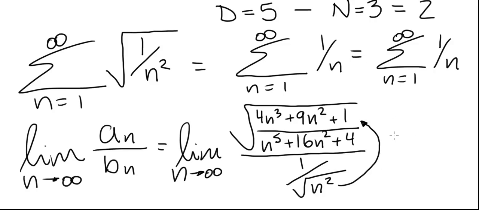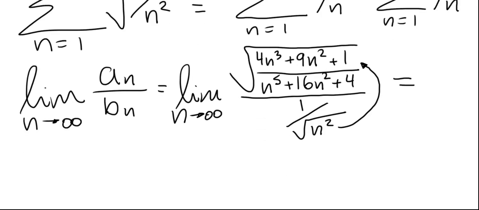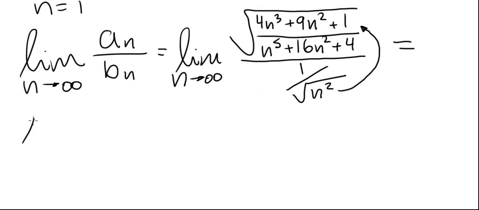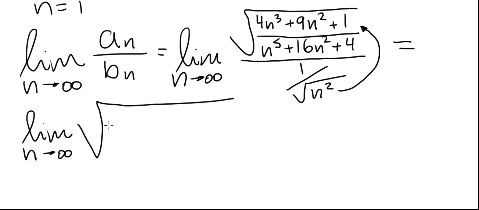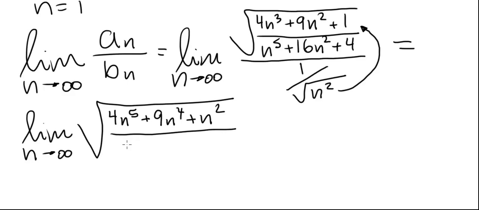Every term in that numerator will be multiplied by n squared, and thus our limit becomes the limit as n goes to infinity of one big square root: 4n cubed times n squared is 4n to the fifth plus 9n to the fourth plus n squared, divided by n to the fifth plus 16n squared plus 4.